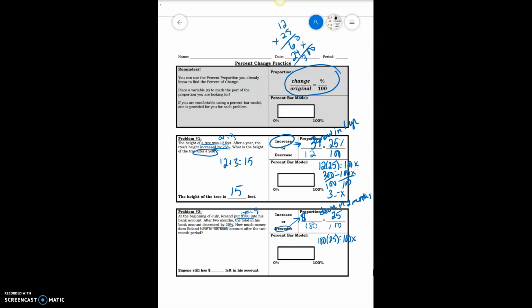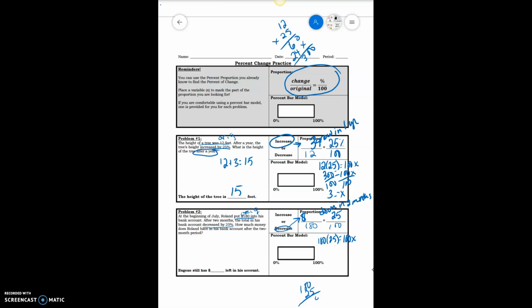And then again, we can work out 180 times 25, which actually comes out to be 135,00. We're going to divide that by 100, take off our zeros. So, oh, I'm sorry, this is not 135. That's what I get for trying to rush.